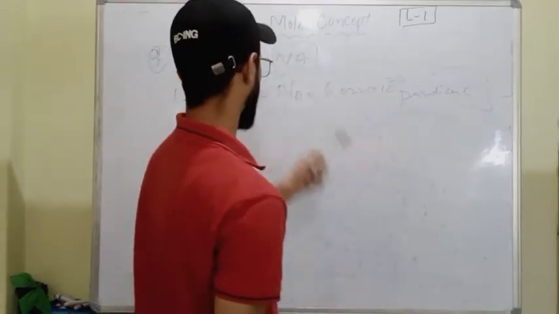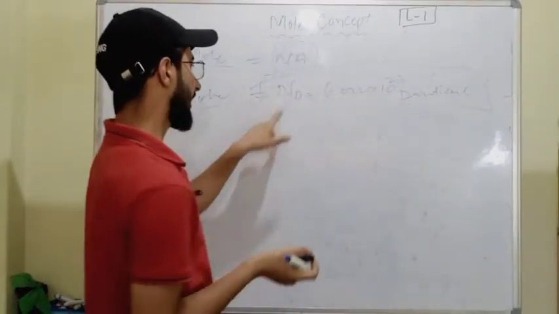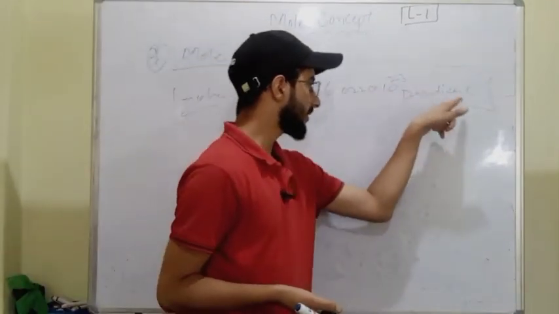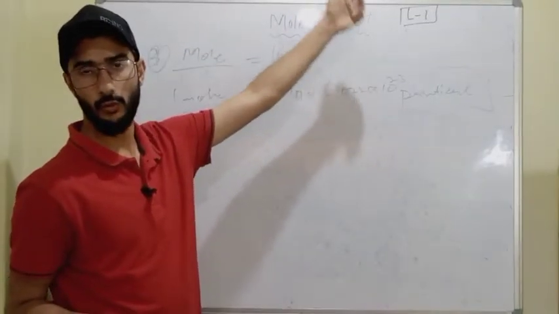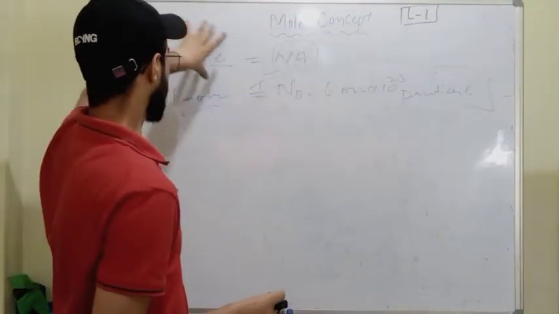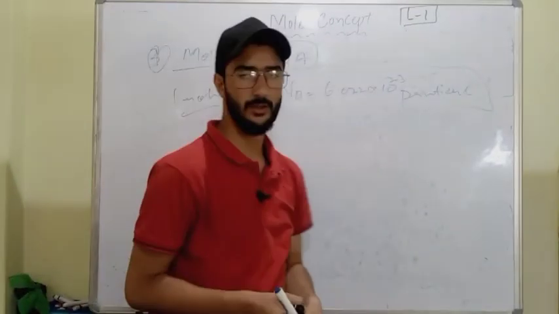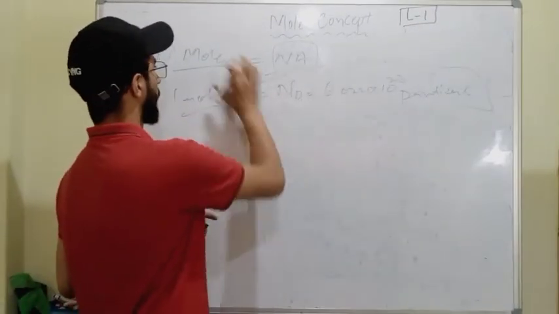It is the number of particles when the number of particles is equal to 6.022 into 10 to the power 23 particles, that is called the mole. We are not going into the mole concept in depth. I'm giving some highlights, some points which we are going to use in the mole concept. This was about the mole.